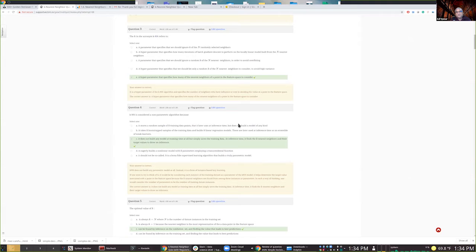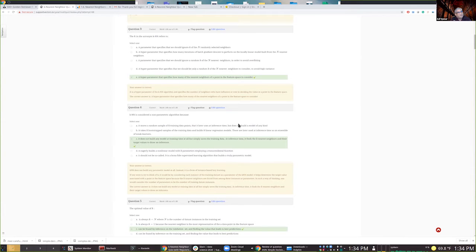You just hold on to the training set, and then in the training set, you find the nearest neighbors. Parametric models have parameters to learn. This is lazy learning. There's no learning actually taking place in KNN. So it's a hyperparameter of the model that you have to tune to get the best model.